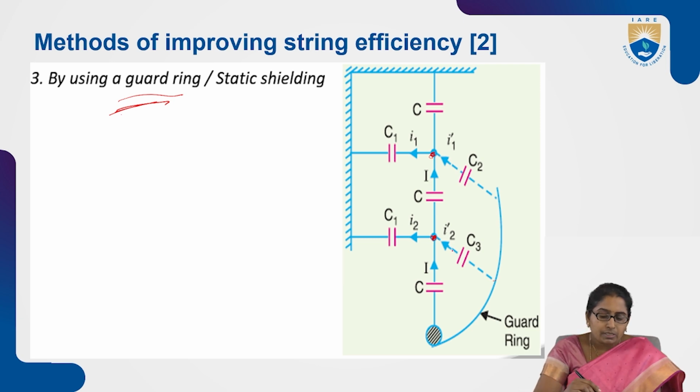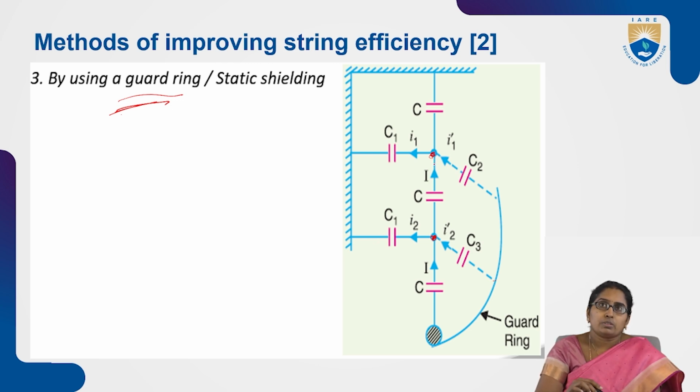This I2 dash, as I mentioned, is equal and opposite to the current I2, so automatically both cancel each other. This C3 effect nullifies the C1 effect. The new capacitance C3 cancels the shunt capacitance effect.